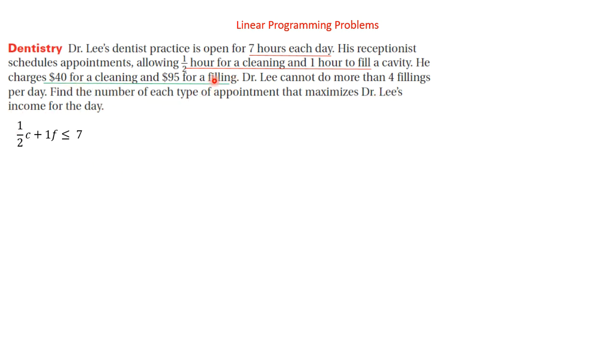This would be his income. This is the objective function. So we don't need it to equal something. It's going to equal P. Why is it going to equal P? I don't know why they chose P, but that's generally what it is. You could have I if you want, but P equals 40 times cleaning plus 95 times the filling.